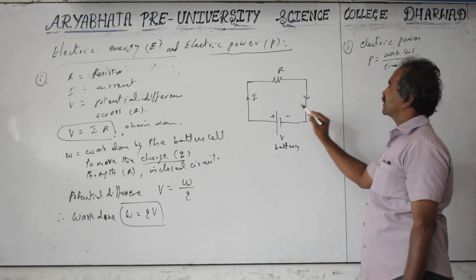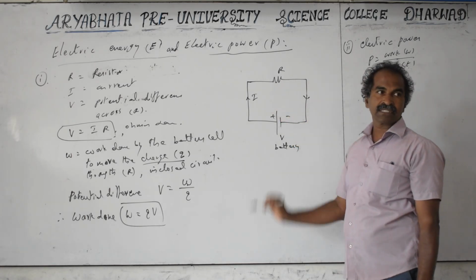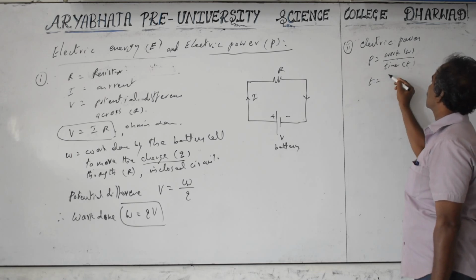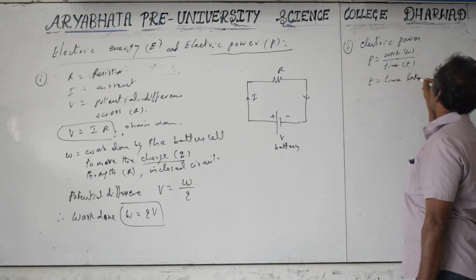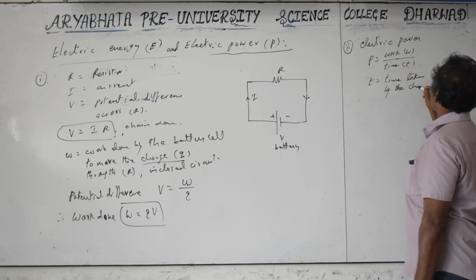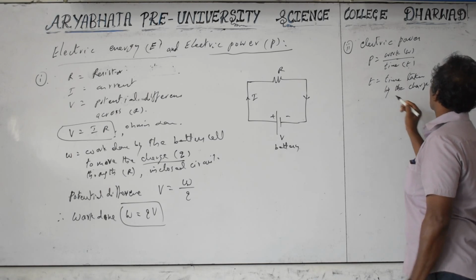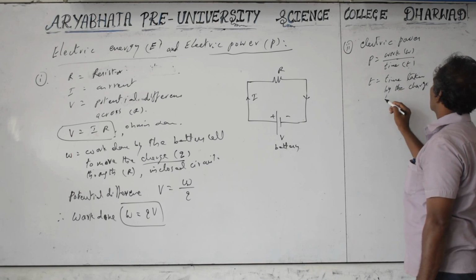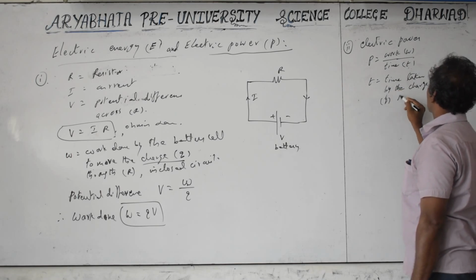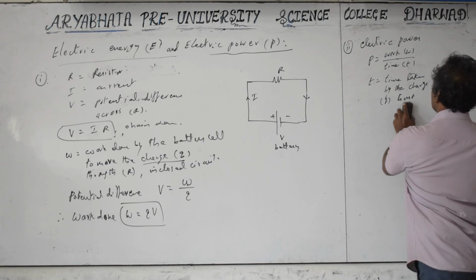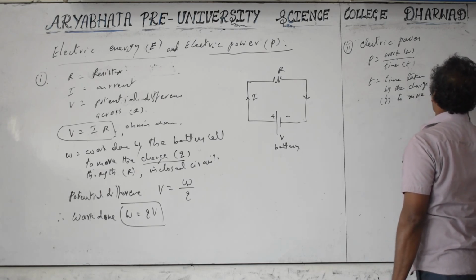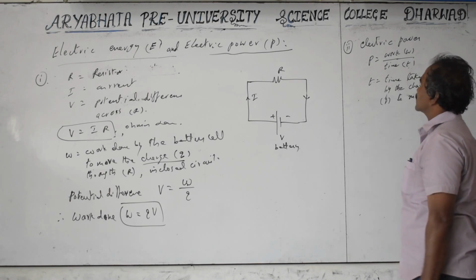T is the time taken by the charge Q to move through the resistance R in a closed circuit.